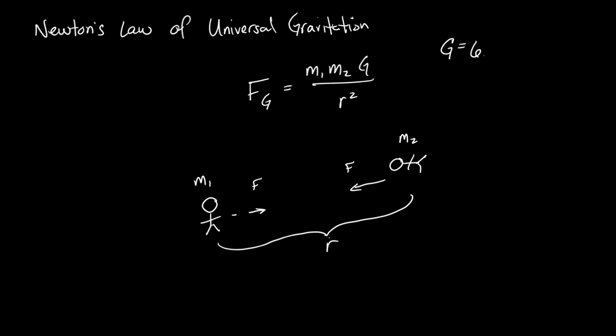It's kind of a weird number and hasn't changed much since it was discovered and measured by Cavendish back about 350 to 400 years ago. It's just really not easy to measure. It's 6.67 times 10 to the negative 11th newton meter squared per kilogram squared. It's got complex units, but it has to.